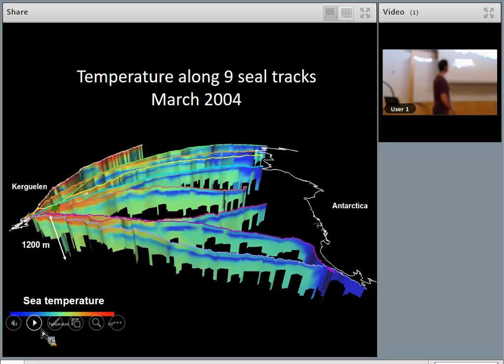And you can see something that's very peculiar that is observed in the Southern Ocean, is that in the summer, the minimum temperature is actually not at the surface. You can see in all sections, you have a warmer layer on top of a cold layer. So the cold layer is called winter water, and that's a very important characteristic of these regions.